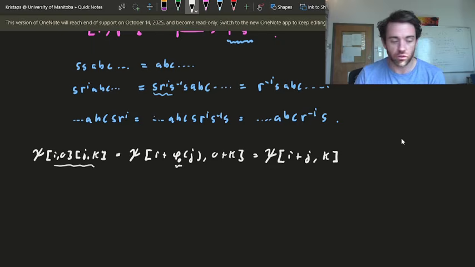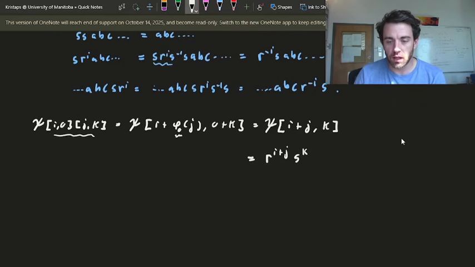Where does this get sent to? Well, this is simply, by definition, r to the i plus j, s to the k. And I can move this over so it's r^i, r^j, s^k. And s to the 0 is just the identity, right?